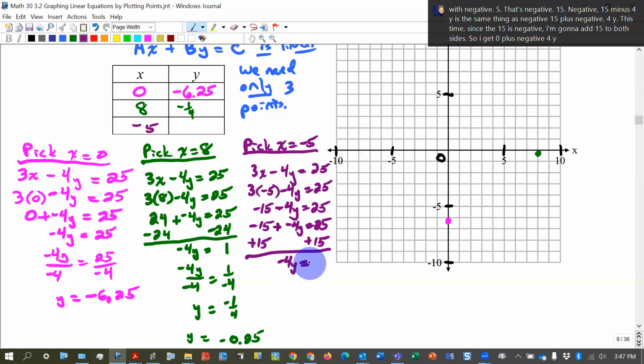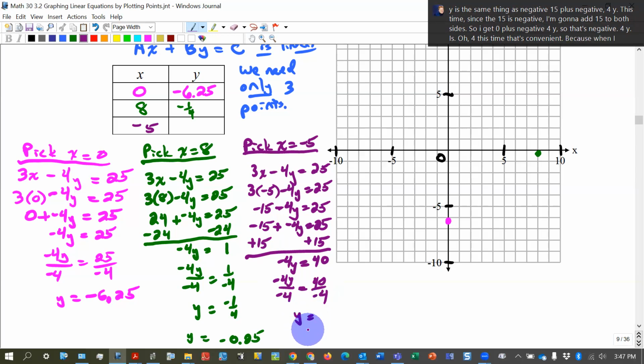So that's -4y is 40 this time. That's convenient. Because when I divide both sides by -4, I get y is an integer this time. I get y is -10. So when x is -5, y is -10.